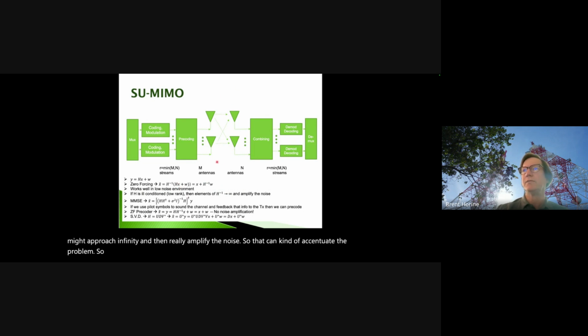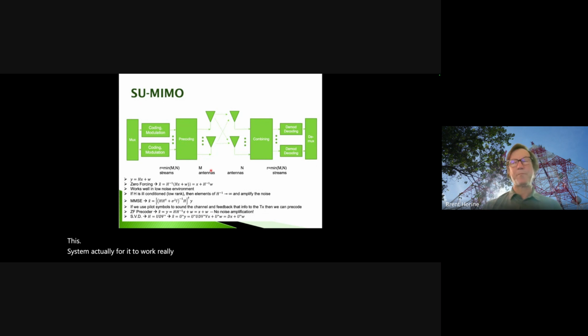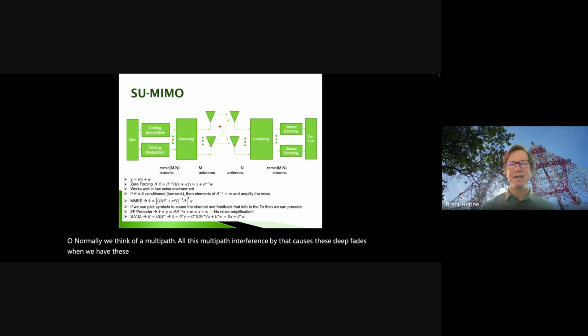So that's starting to give us a hint that for this system to work, it really needs some diverse paths. Normally we think of all this multipath interference as causing deep fades, when we have cancellations from one path that adds out of phase to another path. That's a problem, right? Well, actually, it turns out that that's what we want in this case.